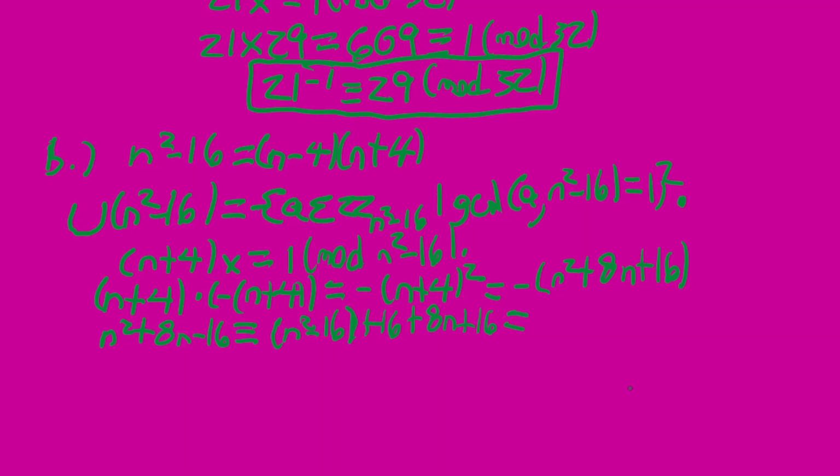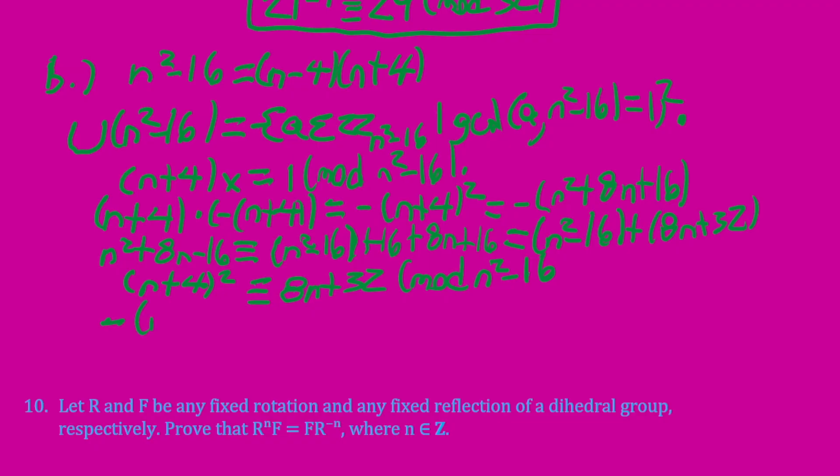That is equal to n squared minus 16 plus 8n plus 32, and then we have n plus 4 squared is logically equivalent to 8n plus 32 modulus n squared minus 16, and then we have negative n plus 4 squared is logically equivalent to 8n plus 4.